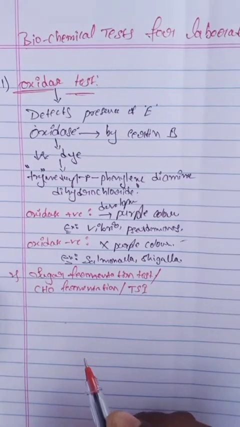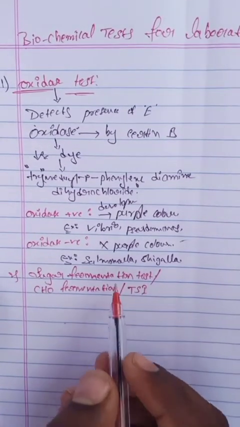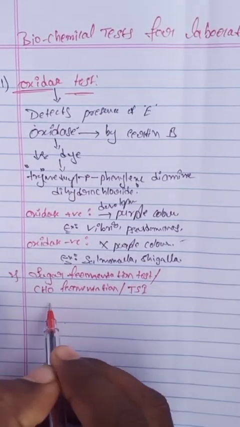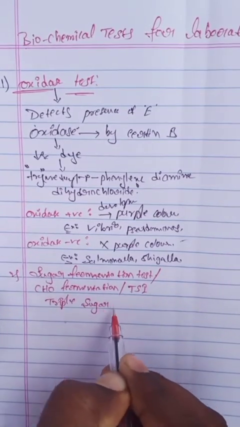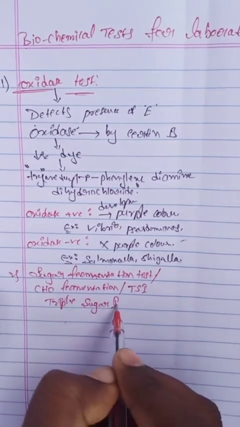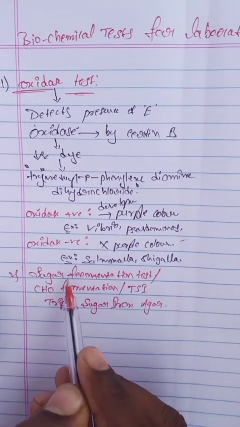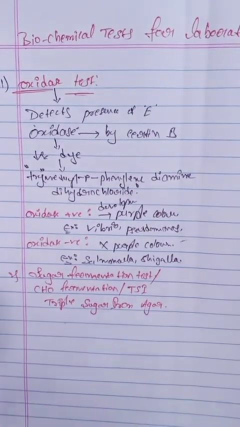TSI means triple sugar iron agar. This test is the sugar fermentation test, carbohydrate fermentation test, or triple sugar iron agar test.